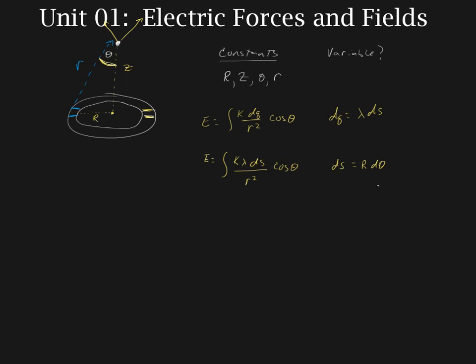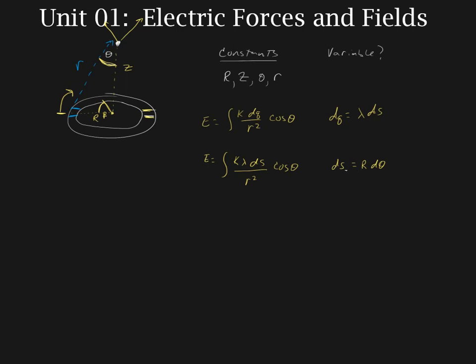Now I want to be careful here to distinguish between the thetas, because we actually have two thetas here. When we integrate this, we're going to be integrating it from one point, and we're going to go around the circle. And so there will be a theta in here. So instead of calling it theta, I think it might be better to use a different variable. So let's say that this is beta.